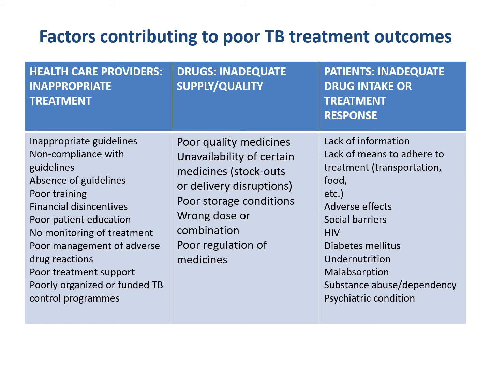Here you see factors contributing to poor TB treatment outcomes. Inappropriate guidelines, non-compliance with guidelines, absence of guidelines, poor training, financial disincentives, poor patient education, no monitoring of treatment, poor management of adverse drug reactions, poor treatment support, poorly organized or funded TB control programs. Inadequate supply or quality of medicines, including poor quality medicines, unavailability of certain medicines, poor storage conditions, wrong dose or combination, poor regulation of medicines.